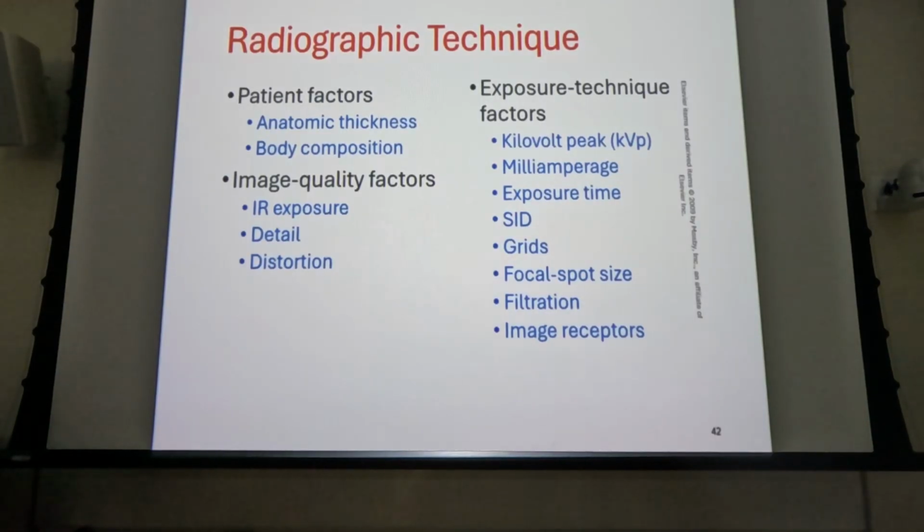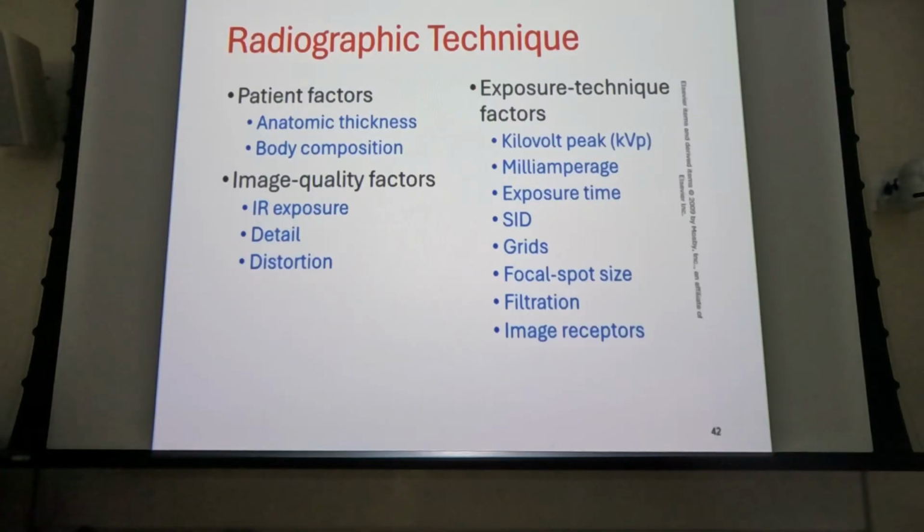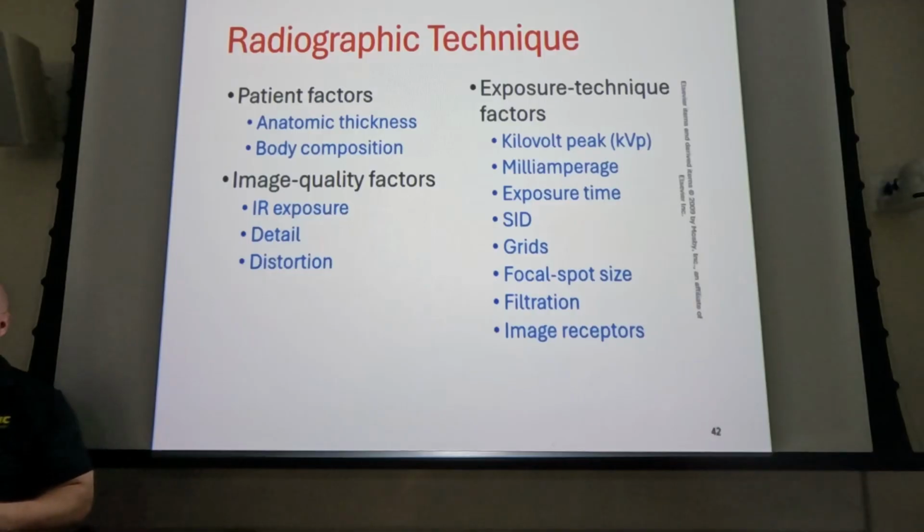For example, CR is 200 speed as opposed to DR and films, which are both 400 speed. So if you made the exposure you'd use on a CR cassette on a DR cassette, it would be twice, 200 to 400, twice as much as what you need.